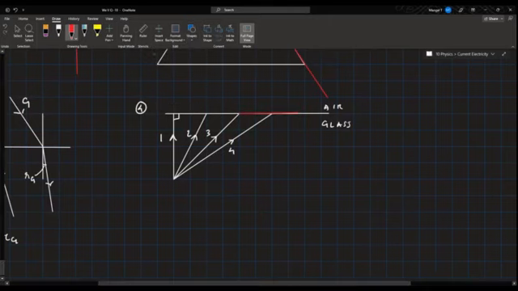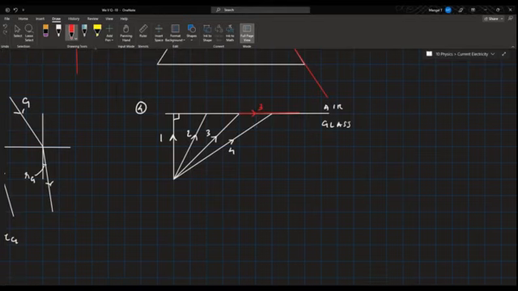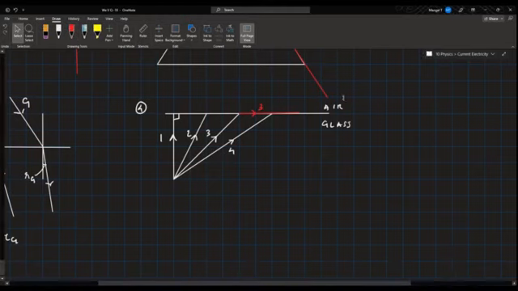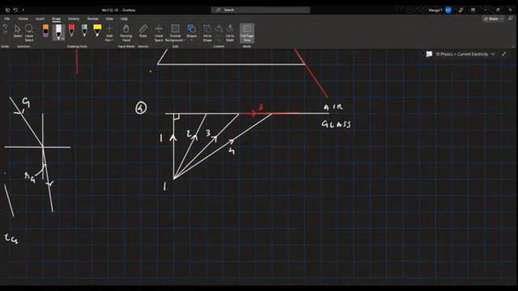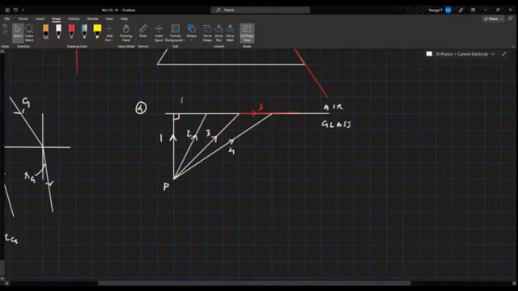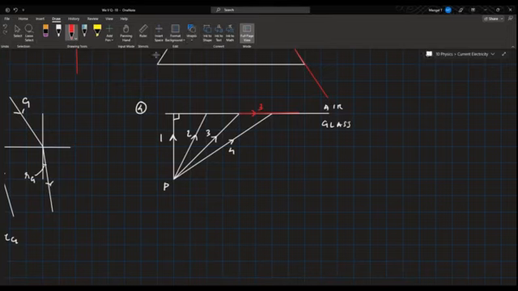The ray that goes like this is number 3. You have to show the path for ray number 1, 2, and 4. Ray 1 will go undeviated. What will happen to ray 2?